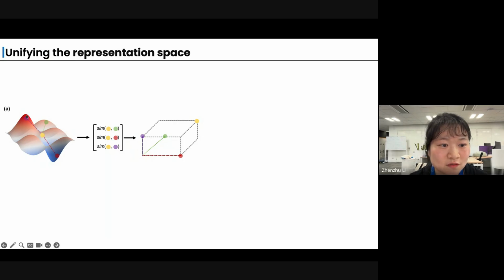For example, here, if we only care about 3 anchors, we choose the 3 anchors, and the yellow one is the target, and then we compute the cosine similarity, because cosine similarity can best preserve the angular correlation of the different embeddings. The 3 anchors define a new coordinate system, and now all the points are projected into this space.